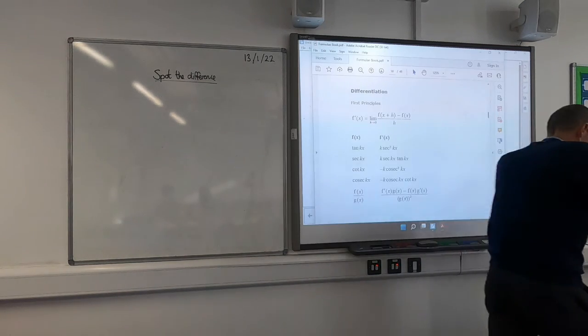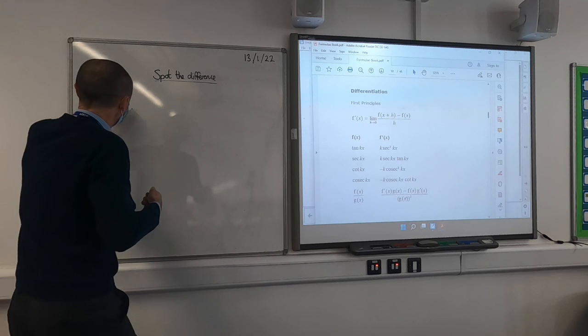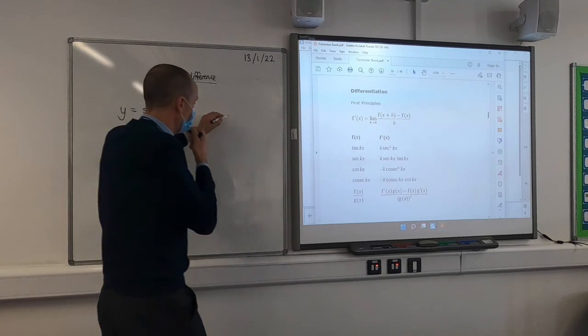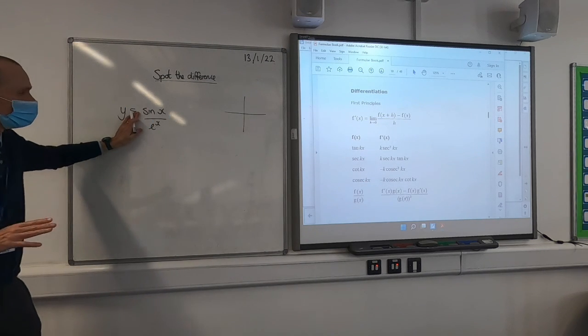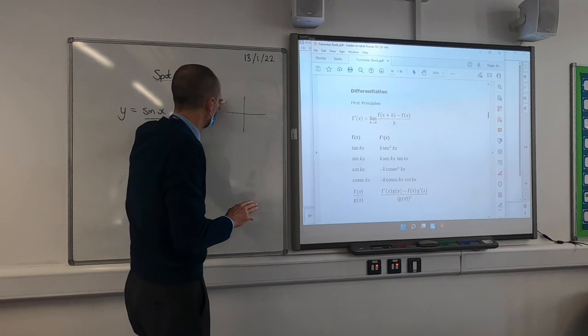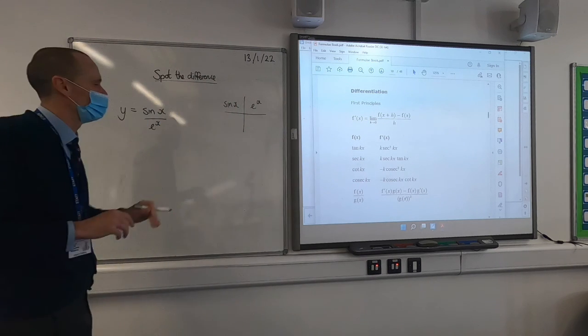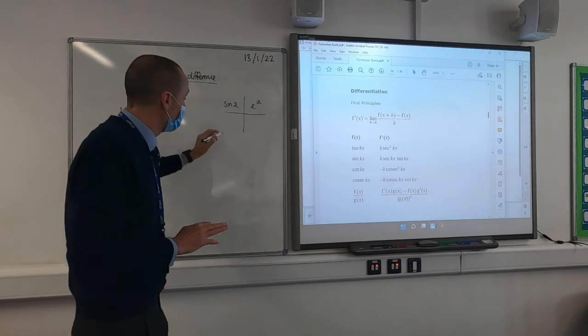Sin x over e to the x. Right, so I'm going to write it again over here so we can keep that on the board. So what we do is we set up our windows just like we did for the product rule. This time, though, it's important that the numerator goes here and the denominator goes there. With the product rule, it didn't really matter which way round we did them. And I'm going to differentiate.